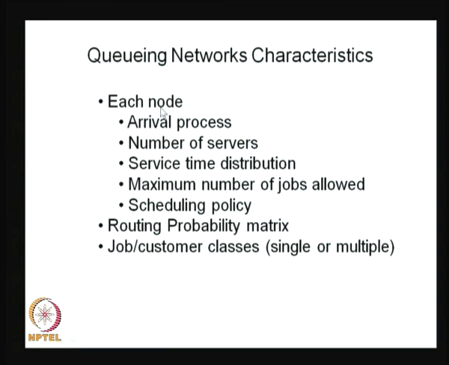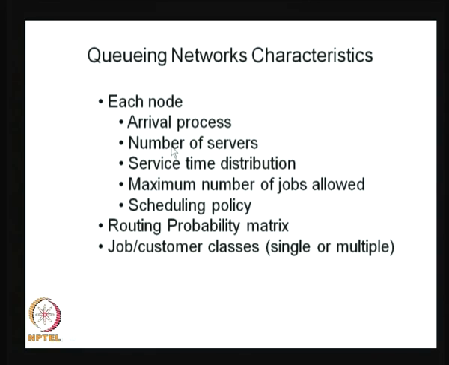Now, what information is needed in each node, or in each queuing system inside the queuing network? You have to provide the arrival process, the arrival pattern. If the inter-arrival time is a random variable, then what is the distribution of that?